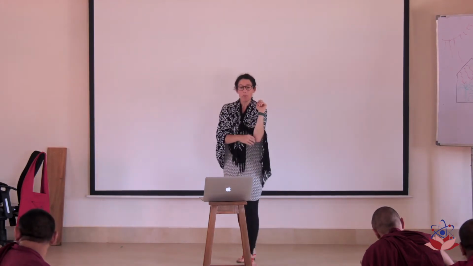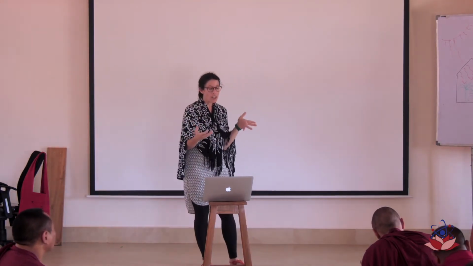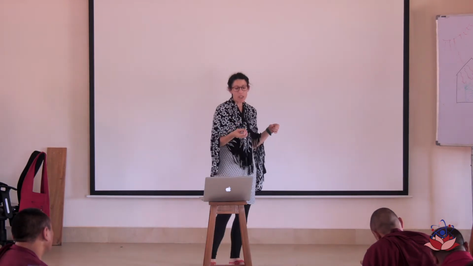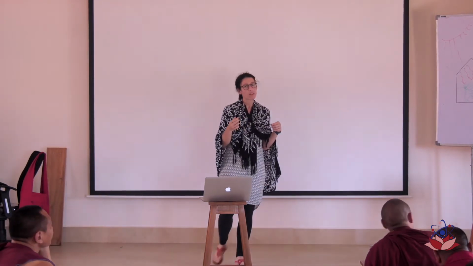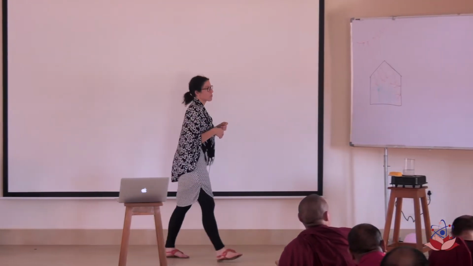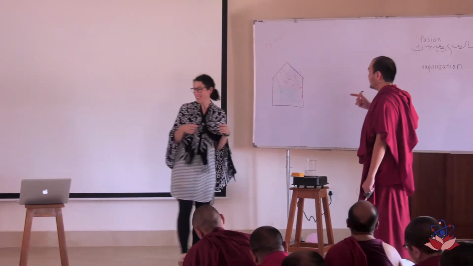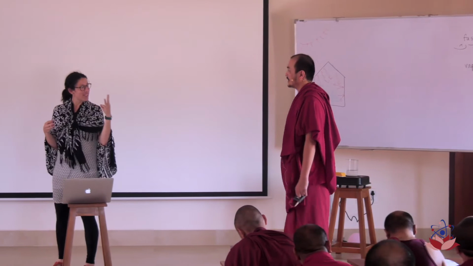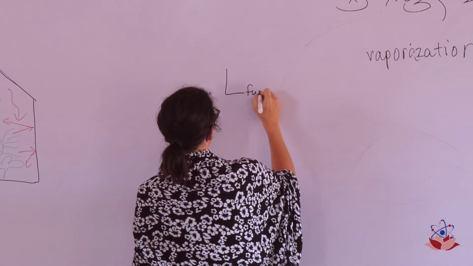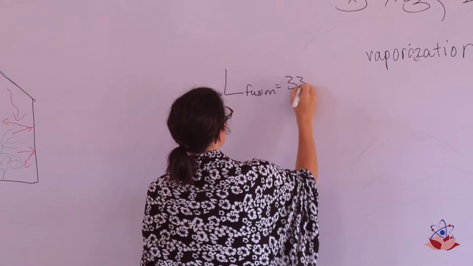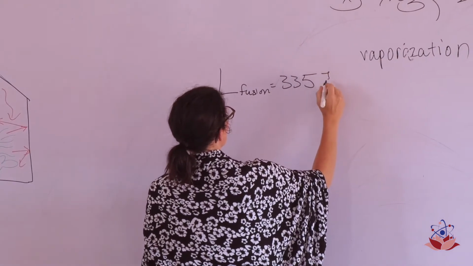So, for example, in water, the latent heat of fusion is 335 joules per gram, right?